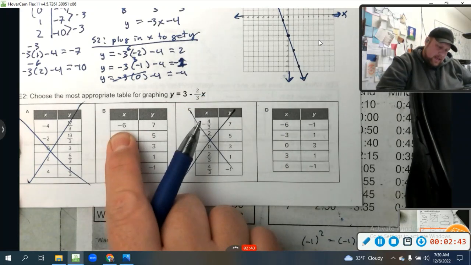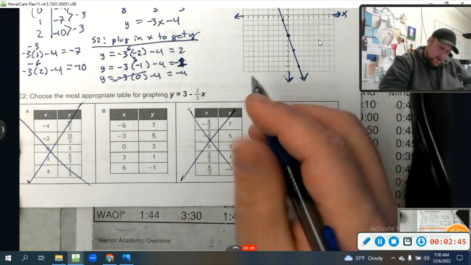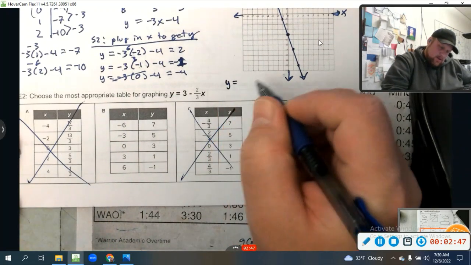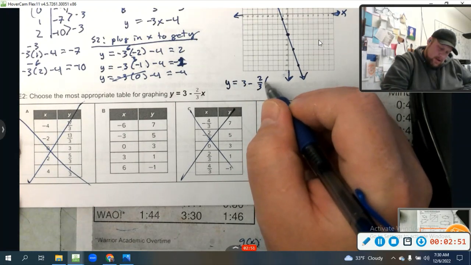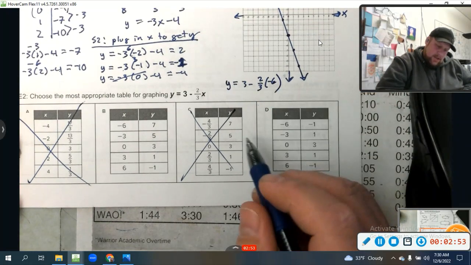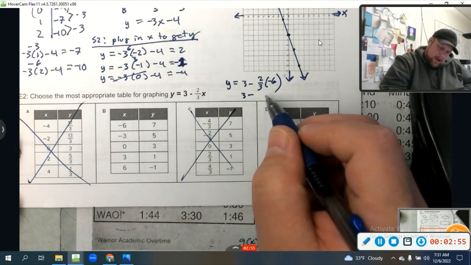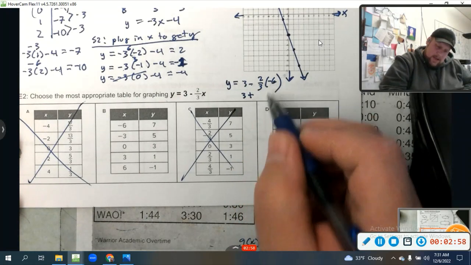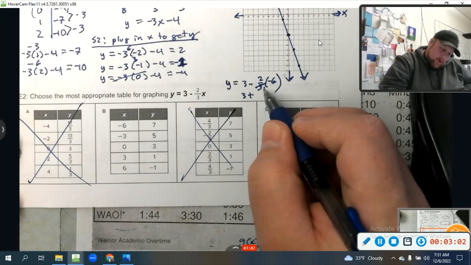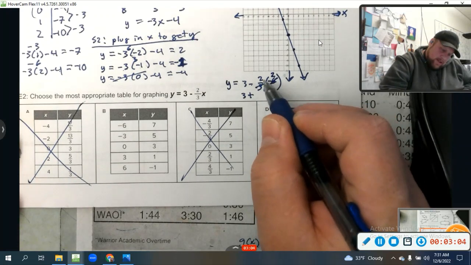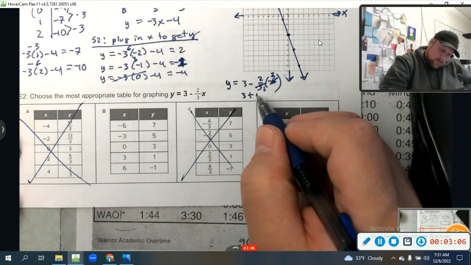So if I use like -6, y equals 3 minus 2/3 times -6. Now watch this. First things first. This is going to be 3 plus, because a negative times a negative is a positive. But then 3 goes into 3 once, goes into 6 twice. And I'm left with 2 times 2, which is 4.